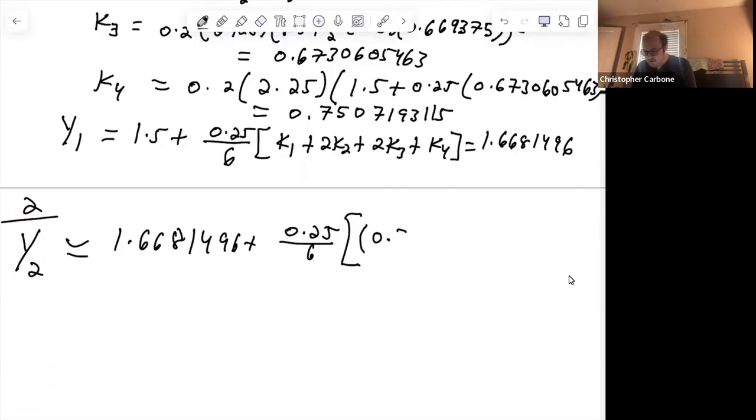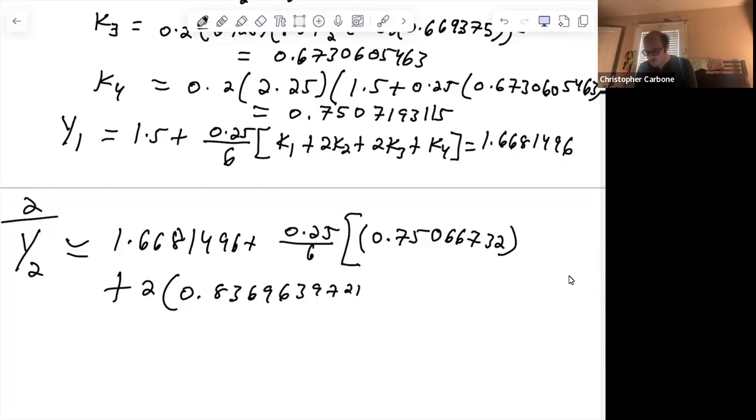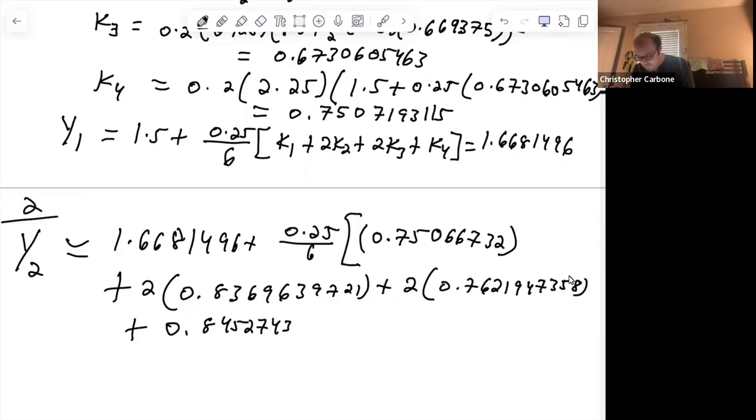K sub 1 is 0.75066732, plus 2 times k sub 2, 0.8369639721, plus 2 times k sub 3, 0.7621947358, plus k sub 4, which is 0.845274342.